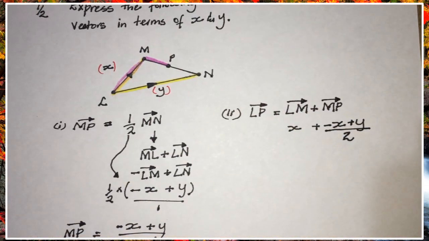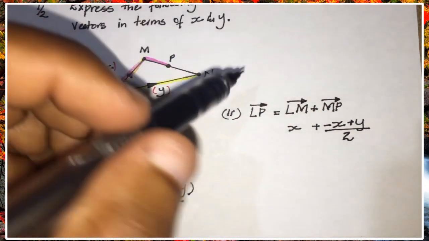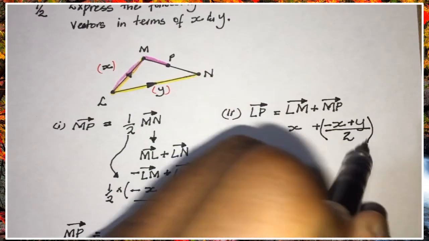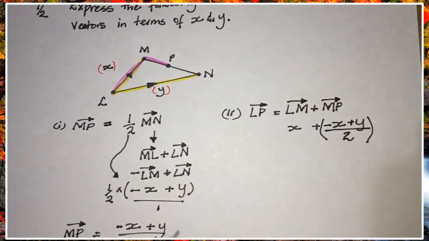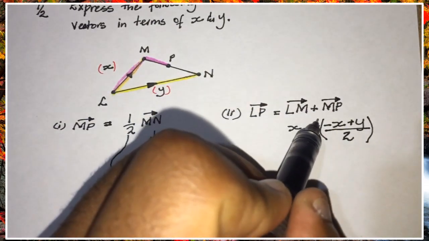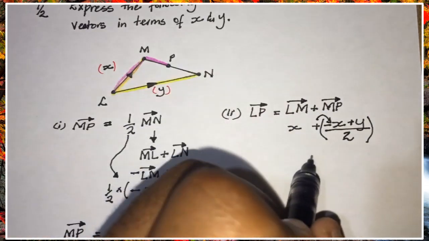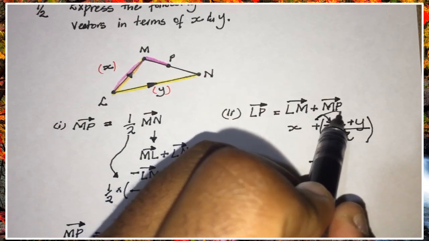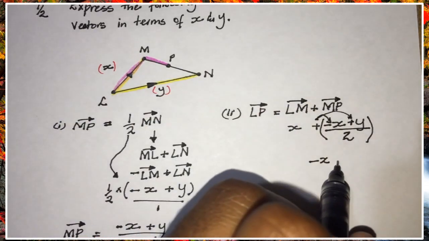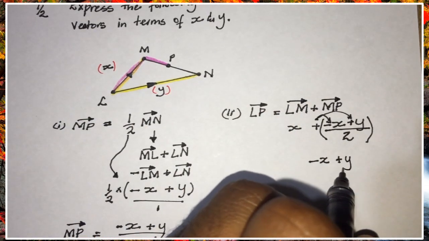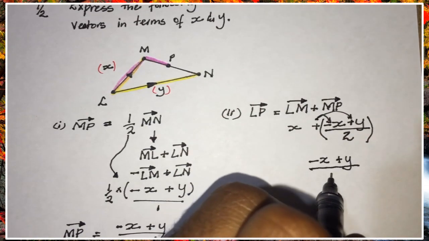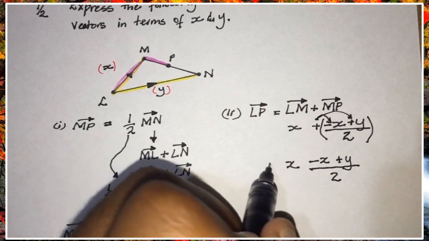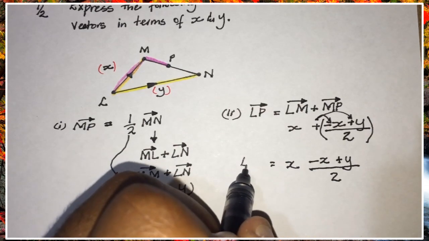And what I can do is to clean this up a little by distributing this positive sign to these in the bracket. So this positive with this negative is going to give us a negative X. And this positive with this positive Y is going to give us a positive Y same way. And it's all going to be divided by 2. And notice we still have that X. And all of this will work out to be L to P.